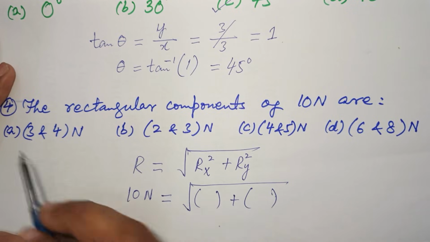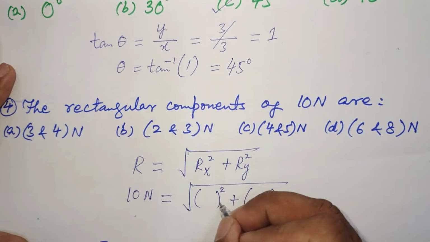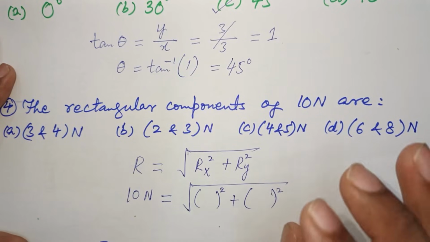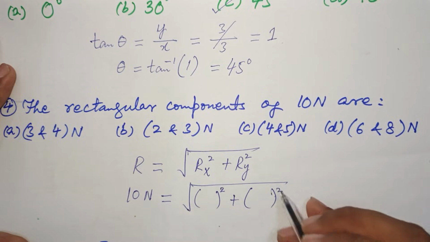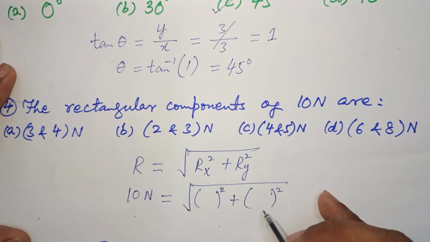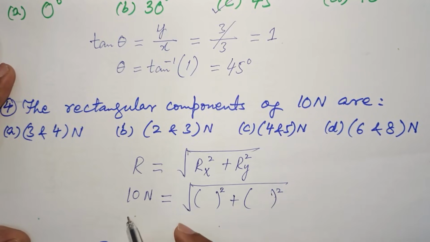If I put 3 and 4 inside, the square of 3 will be 9 and square of 4 will be 16. So it won't give the correct result, because we need 100 over here, because the under root of 100 will become 10.